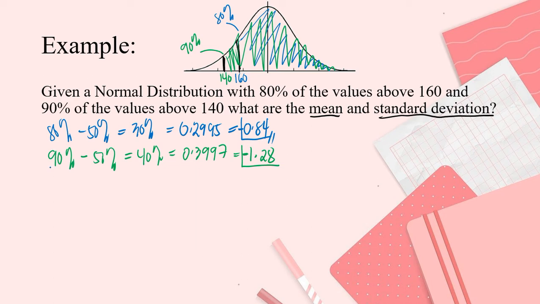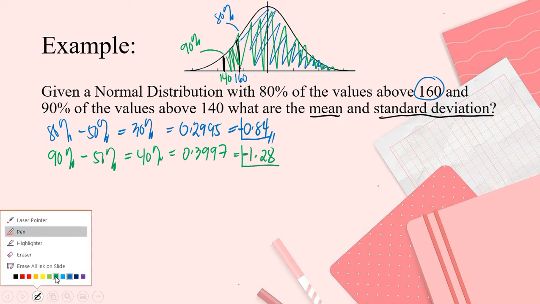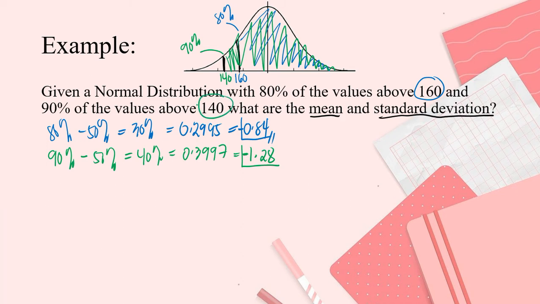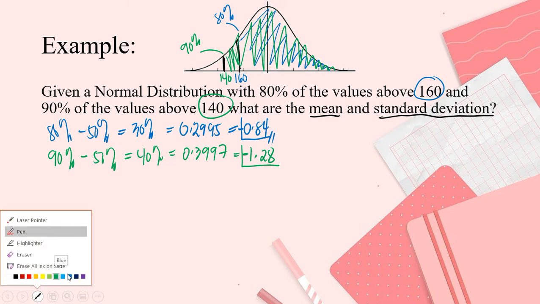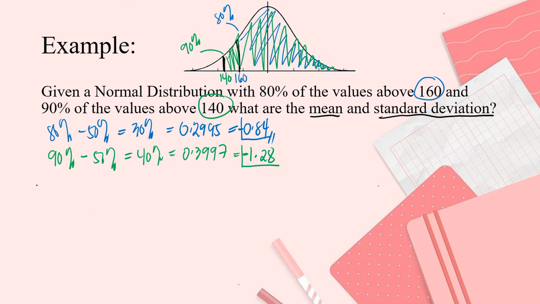Okay. So, mean muna tayo ng 80%. Again, sa 80% po, ang x po niya ay 160. Tapos, sa 90% naman, ang x niya po ay 140. So, proceed po tayo. Again, the formula for the mean is x minus z theta.